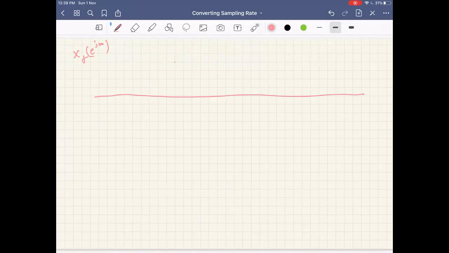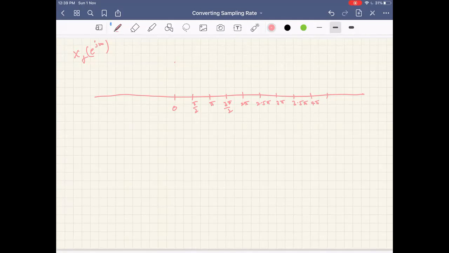Now 0 let it be here, pi by 2, pi, 3 pi by 2 and 2 pi and 2.5 pi, and this is 3 pi, 3.5 pi, 4 pi, and so on.